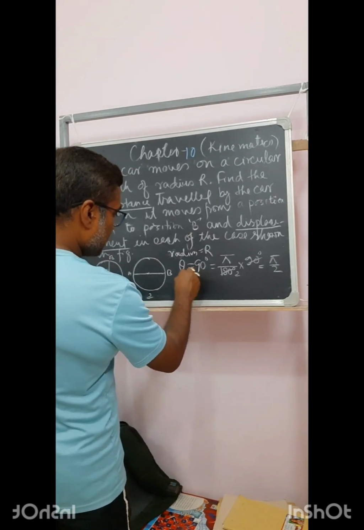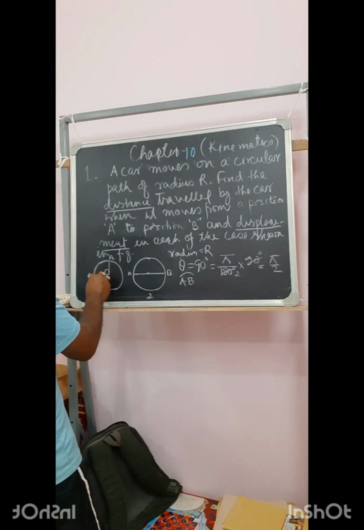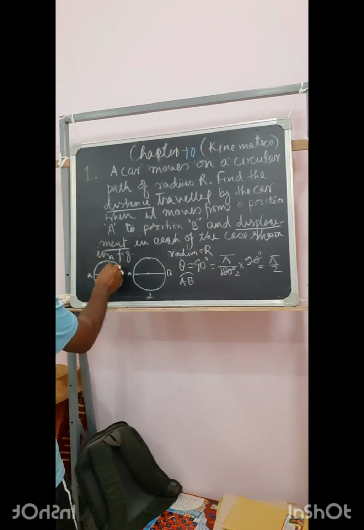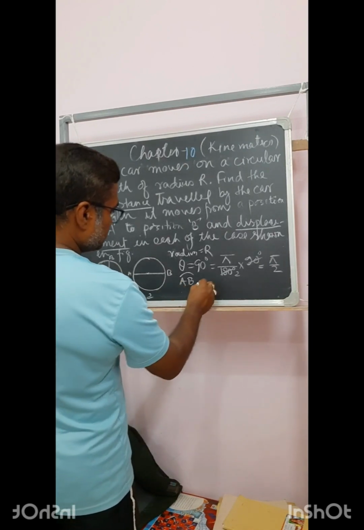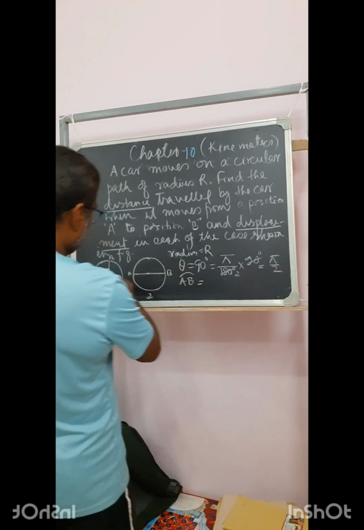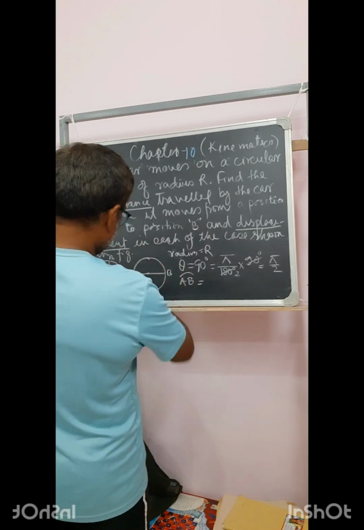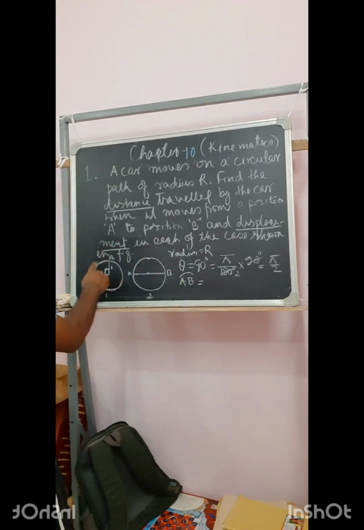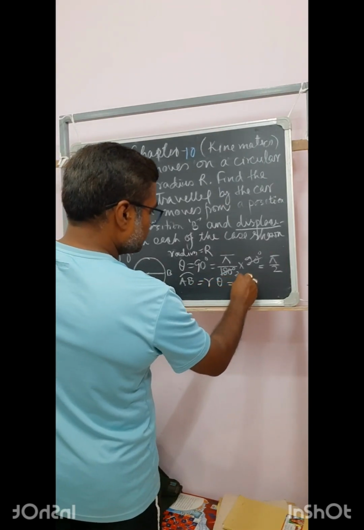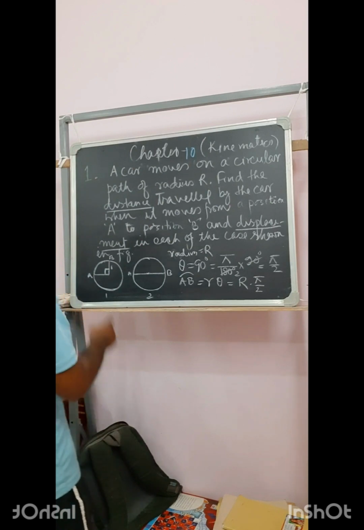So A to B arc length, that is our distance, because this is the path the particle is following when it is moving. It is a circular path. So the actual distance moved through arc AB, what is that? We know r into theta, radius into the angle formed by the arc of movement. So it is equal to r into theta. So r is equal to capital R, theta is equal to pi by 2. So this is your distance for first case.